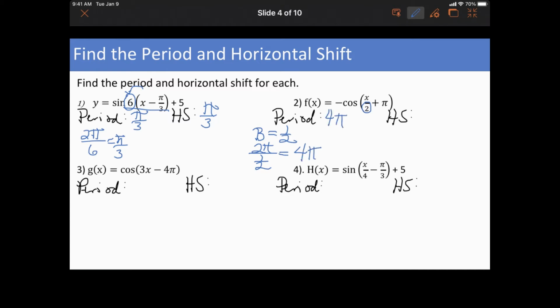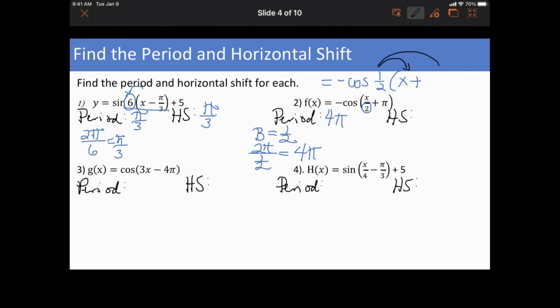Well, now we have to change it to factored form. So we're going to have to factor out the half. And this is what confuses some people. Remember, when we do this, it's a reverse of distribution.